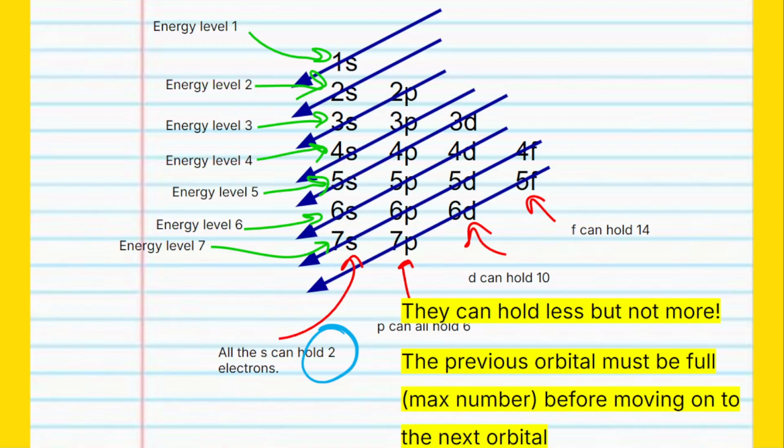All the p orbitals can hold 6, and then all the d orbitals can hold 10, and f can hold 14. So for right now, just remember it. I will explain to you in more detail next lesson. So these orbitals can hold less. So this one, the s, can hold 1 or 2, but it cannot hold more than 2.